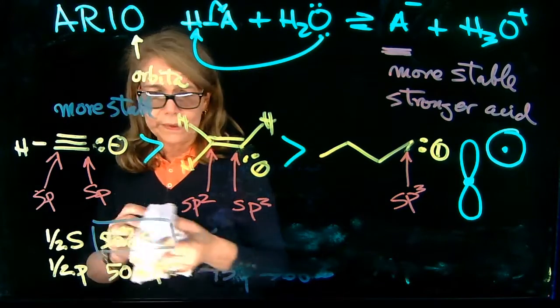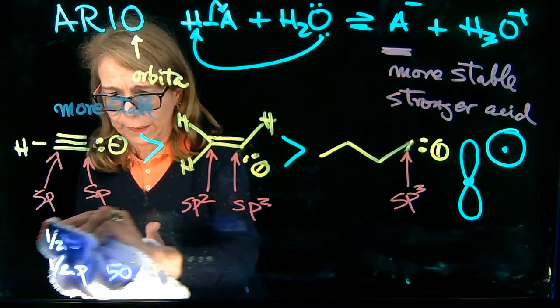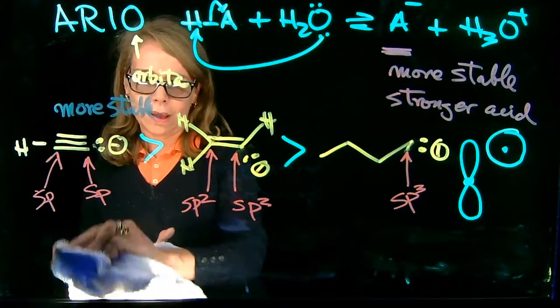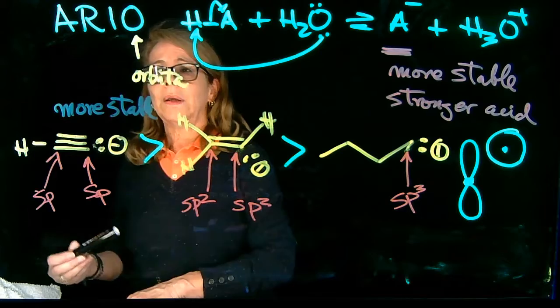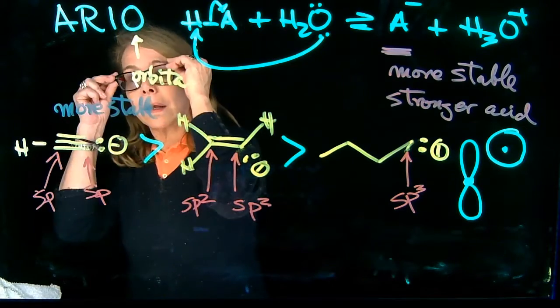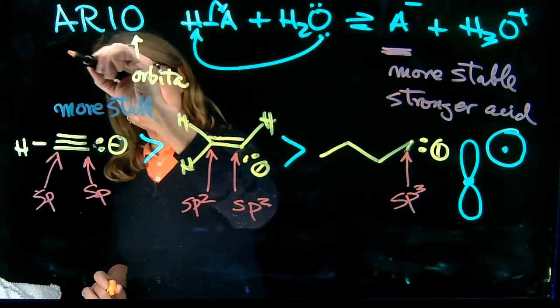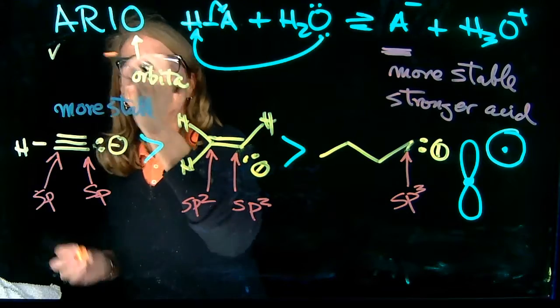And I didn't say it at the beginning, but why are we choosing here specifically to talk about the orbital effect? Well, it turns out that here the charge always resides on a carbon everywhere, so that doesn't explain it, same thing.